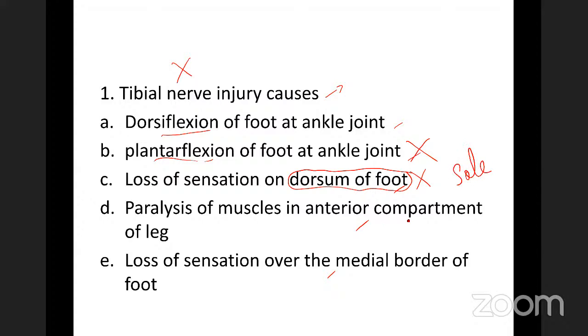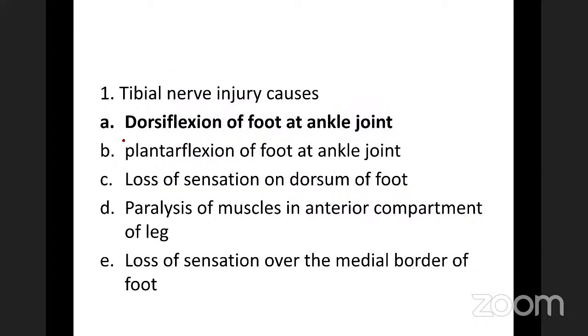Paralysis of muscles of the anterior compartment: the anterior compartment is supplied by the deep peroneal nerve. Loss of sensation of the medial border of the foot is wrong because the medial border of the foot is supplied by the saphenous nerve. So the answer is dorsiflexion. When the tibial nerve is injured, plantar flexion cannot happen and therefore the foot is in the opposite position, that is, in dorsiflexion at the ankle joint.